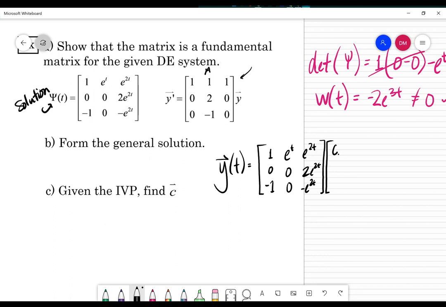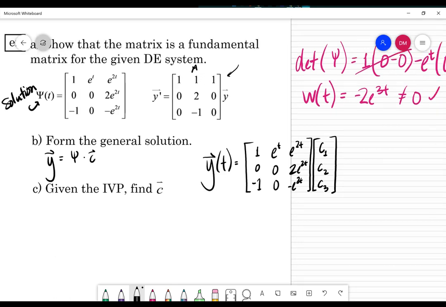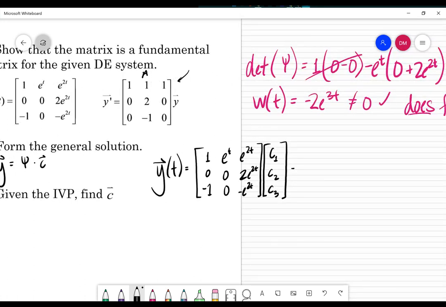So C1, C2, C3. Because anytime we're forming our general solution, y is just going to be equal to our psi matrix times that C matrix, the vector valued function for C. So you can leave it like this.